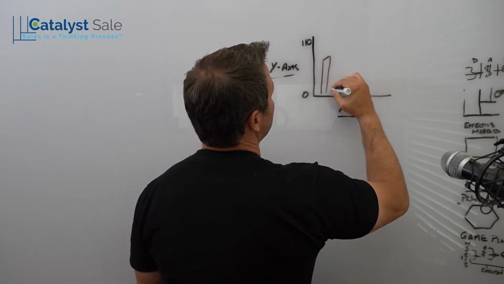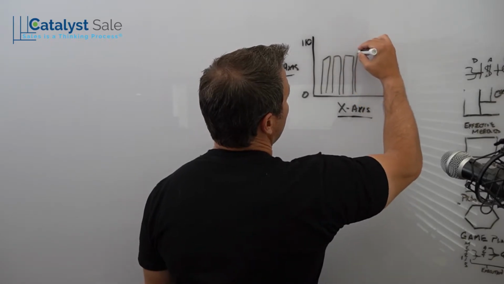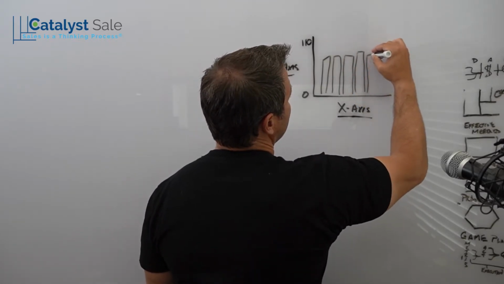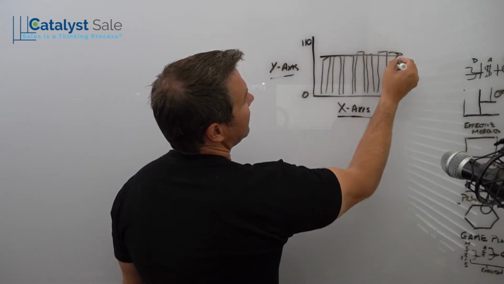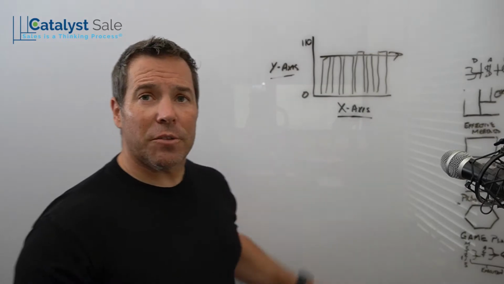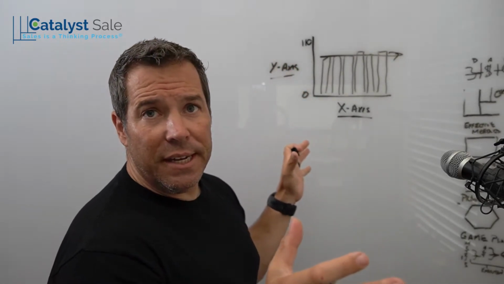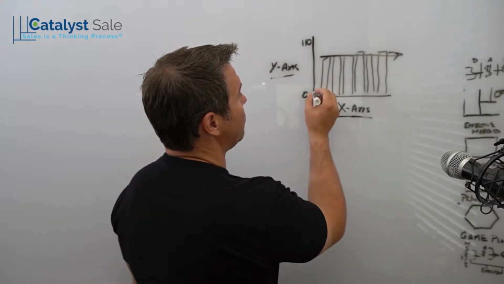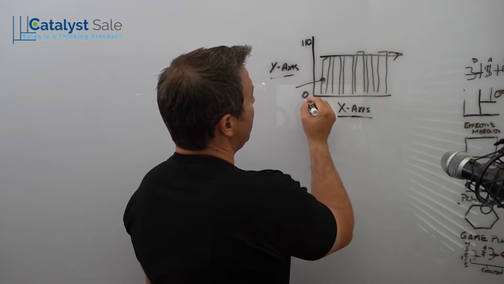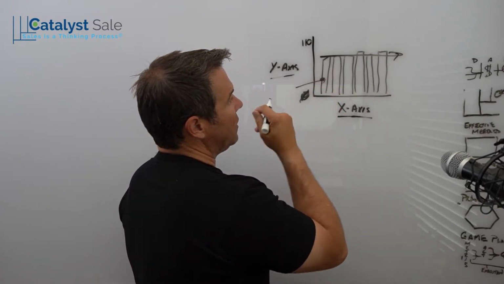So over time, the data might be so nuanced, the changes might be so small that this actually looks flat over a period of time. I didn't change anything in the data, the numbers remain the same, but the way that I'm representing the numbers changed because I zeroed the y-axis here.